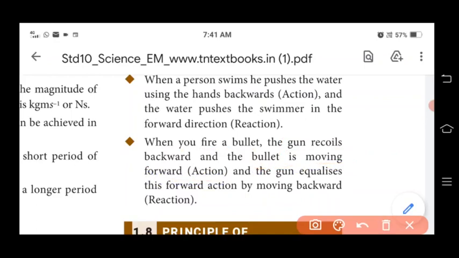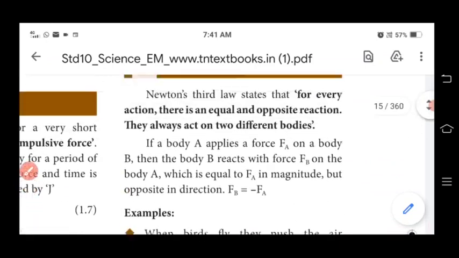And the gun balances this forward action by moving backward, the reaction. So this is the third example for Newton's third law of motion. So very important topic, Newton's third law of motion.